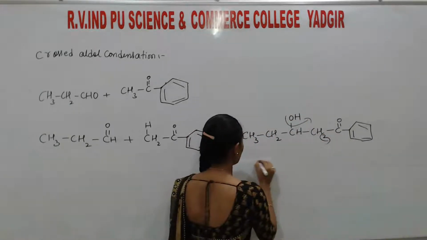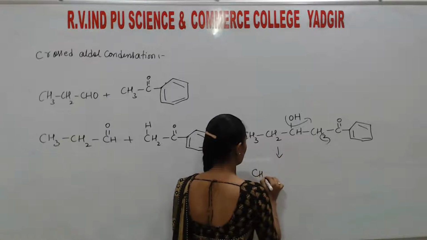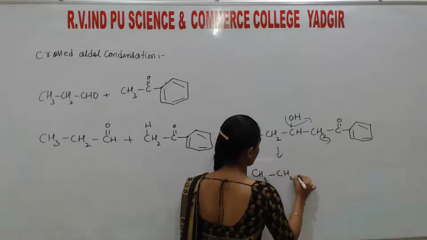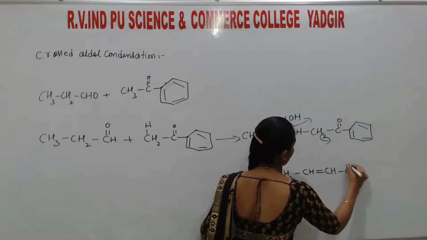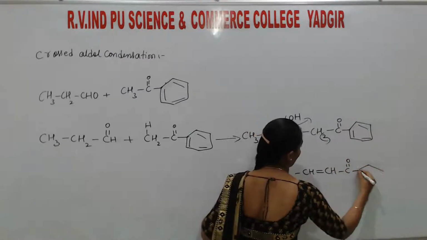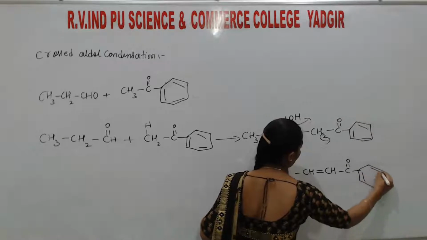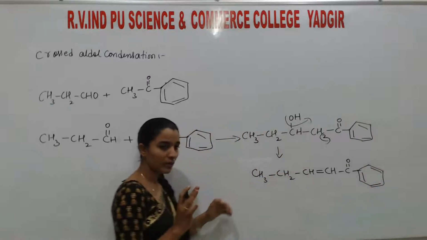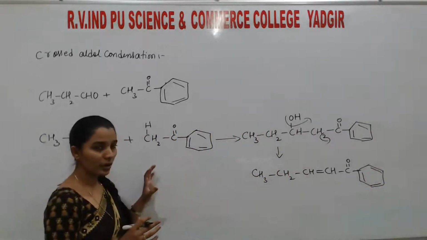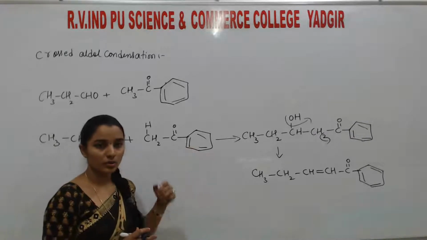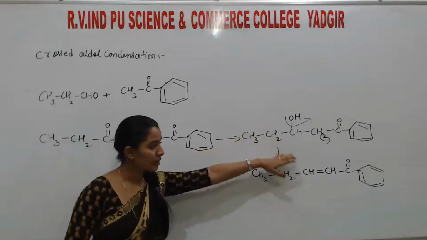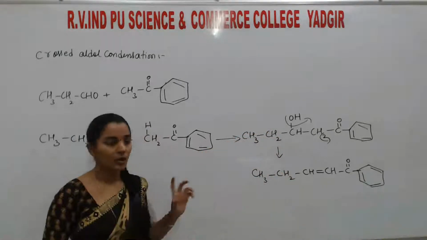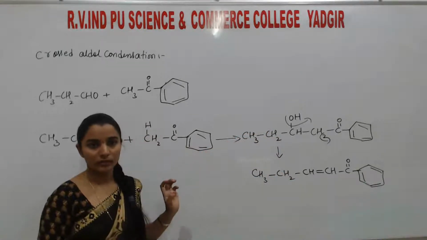Then this is CH3, CH2, CH double bond CH, C double bond O. Crossed aldol means the same alpha carbon atom should be present, and those are going to react with each other, and upon elimination of a water molecule they give an enal or enone.